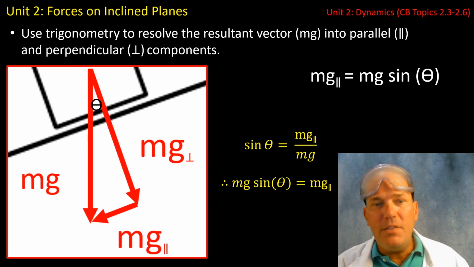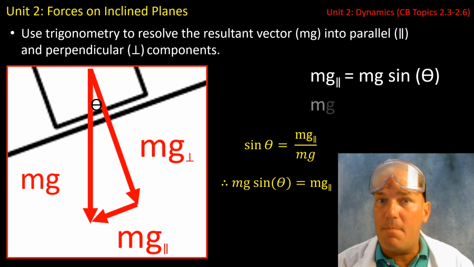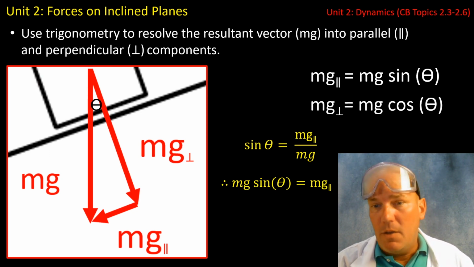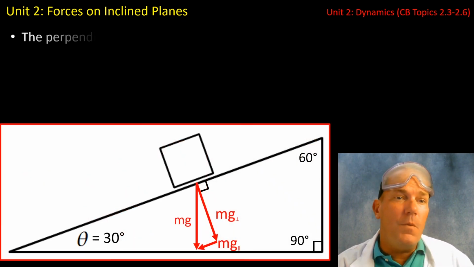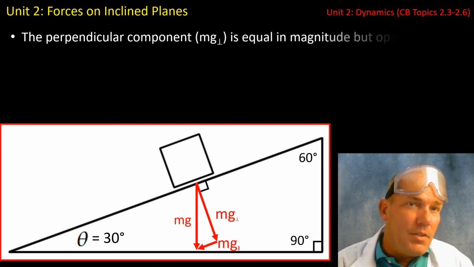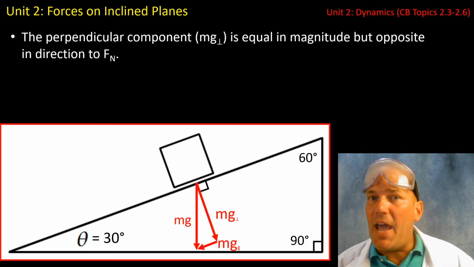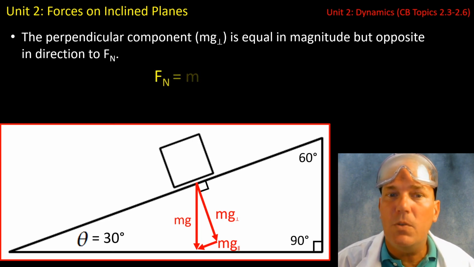And likewise, if we want to use trigonometry to relate the adjacent side to the hypotenuse, we can find the force of gravity perpendicular, which is pretty cool because now we can sum the forces for an object, noting that the force of gravity perpendicular is actually equal in magnitude but opposite in direction to the force normal.